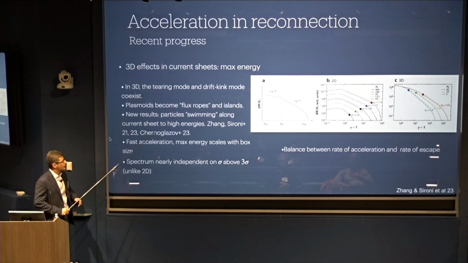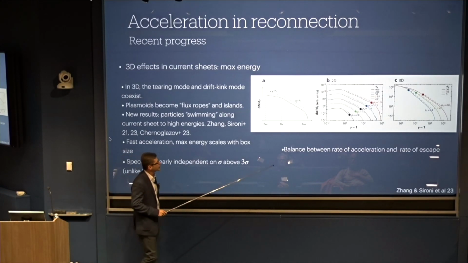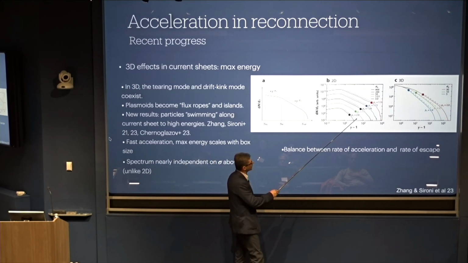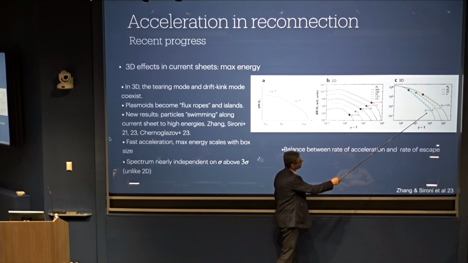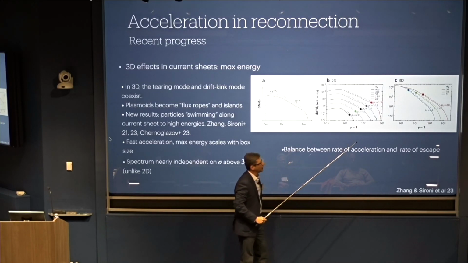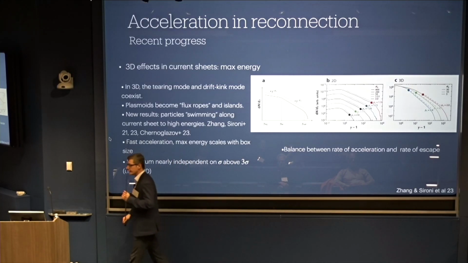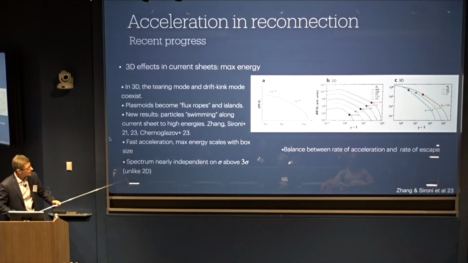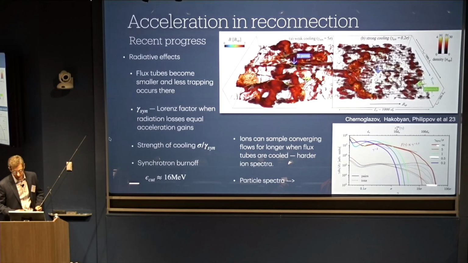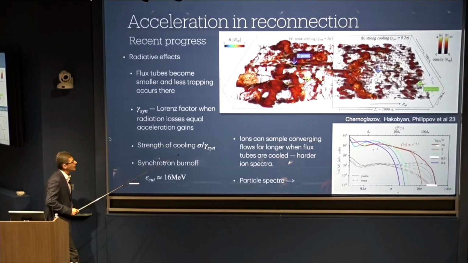And this is illustrated in more detail here. 2 dimensions seem to produce a very sigma-dependent power law. In 3D, you get a more consistent power law, independent of sigma. And Lorenzo has nicely explained this result in analytical form.